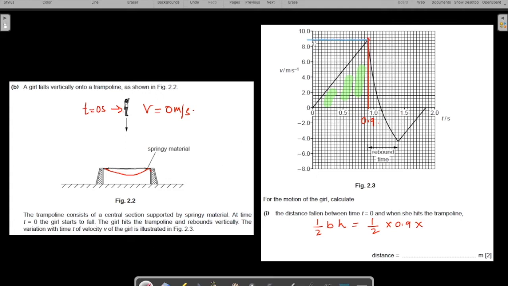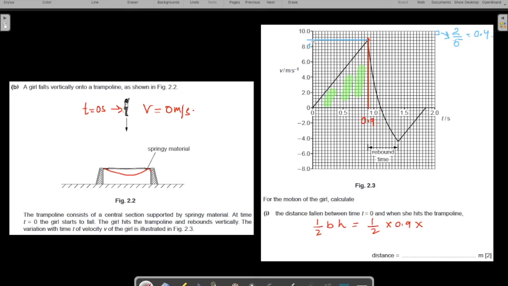How much is the value of each single block here? 5 blocks. If we see, 5 blocks is 2. So each block is 2 over 5, which is 0.4. Each single block has a value of 0.4 meters per second.